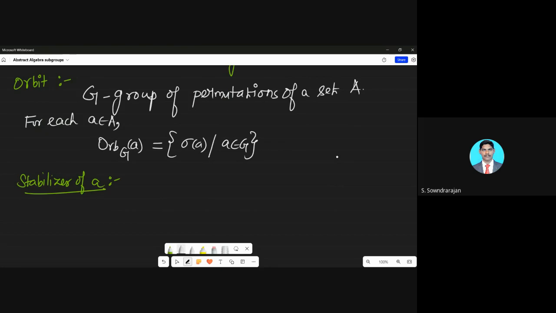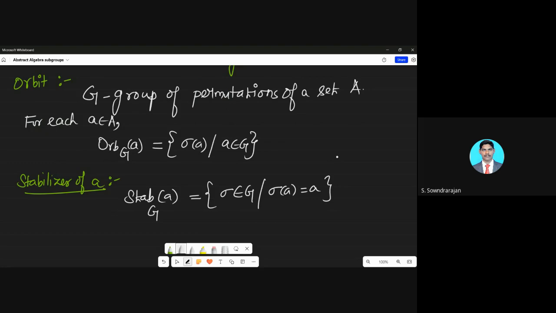So here, let G be a group of all permutations such that the stabilizer of a under G equals the collection of all sigma belongs to G such that sigma of a equal to a.